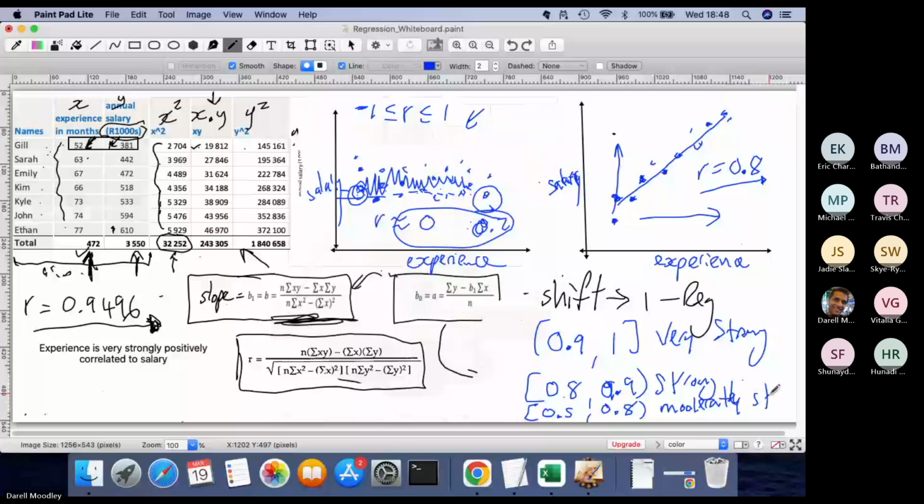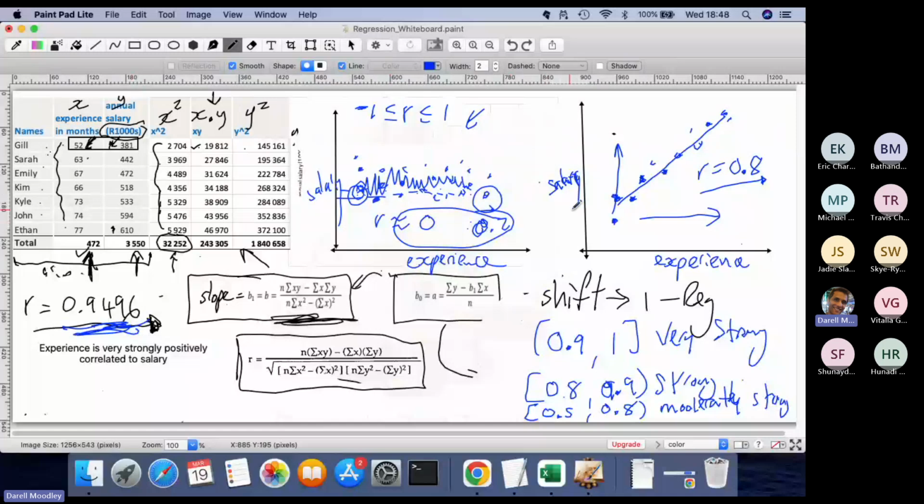And anything lower than that is weak. So that's the kind of scale you would use to interpret your correlation. From 0.9 and greater, which is what we have here, we say it's very strong. Okay, so it's a very strong positive correlation.